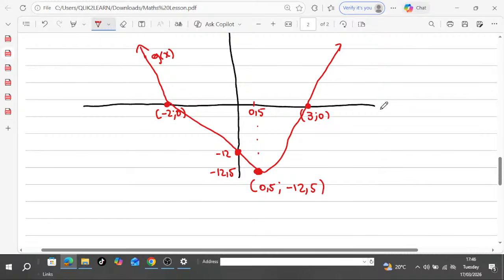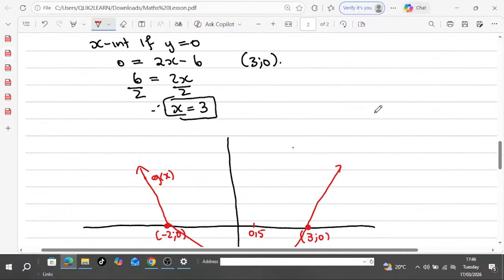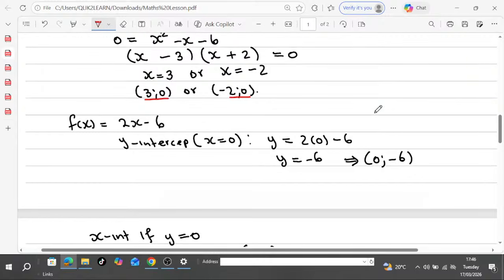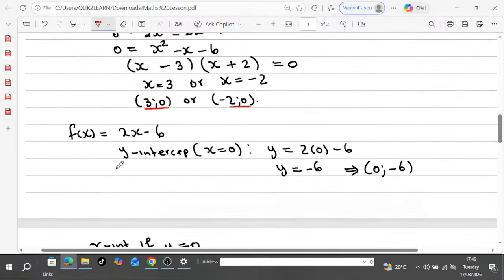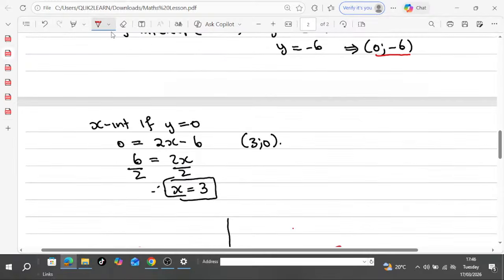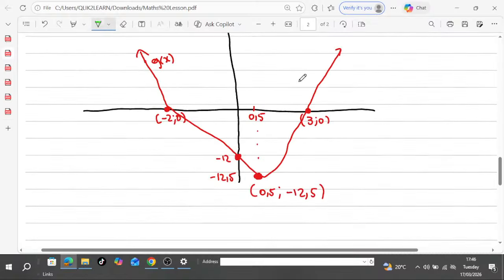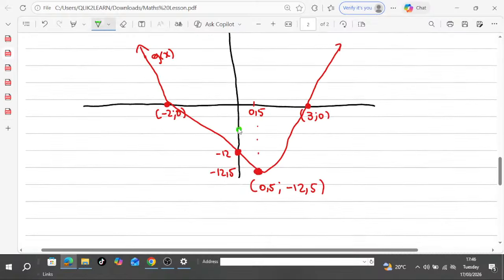Now that we have the graph of g of x, let us quickly plot the graph of f of x. We said the y-intercept cuts at 0 and minus 6. Let's put that 0 and minus 6 out. I'm going to use a different mark. 0 and minus 6 is somewhere here. That's my y-intercept.